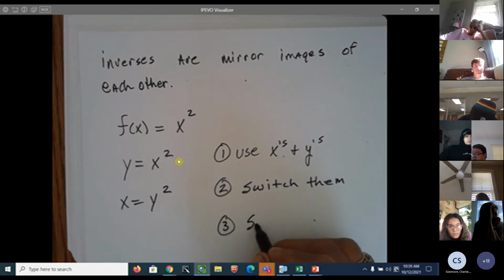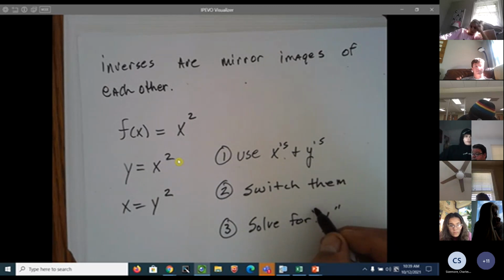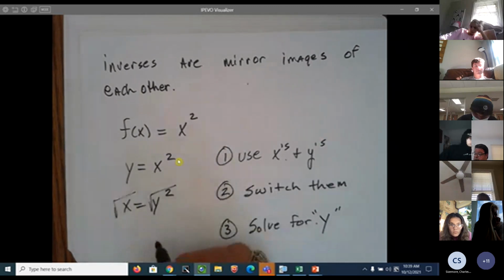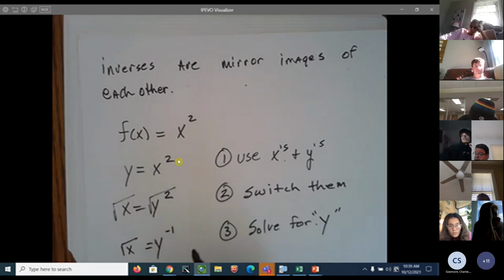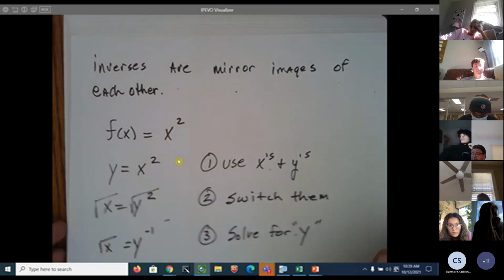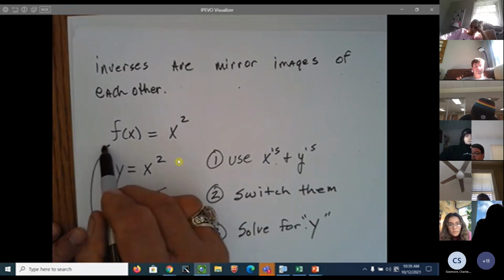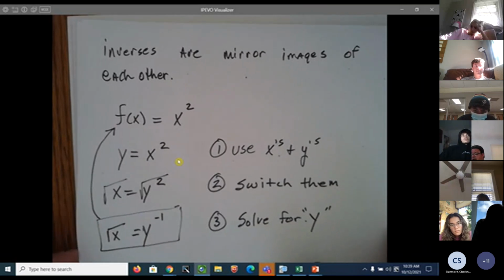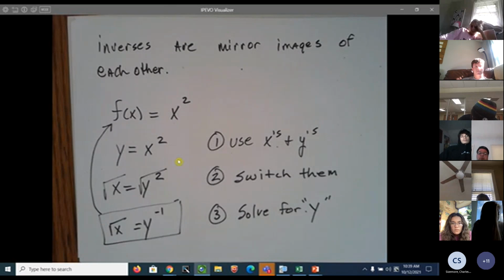And then 3, solve for y. So take the square root of both sides. Y is equal to the square root of x. And I added that y inverse because square root of x is the inverse of x squared. Now that is a perfect example of what I would give you on a test to solve algebraically.